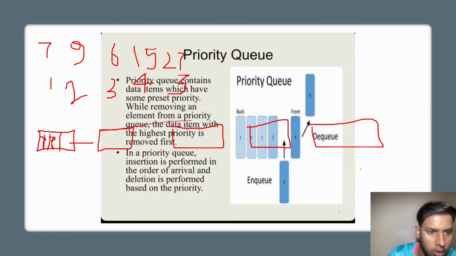Now it points toward the next data. Let's store priority 2 and data 9, and the 9 points toward the next node. Now it stores priority 3 and data 6. Further, these items are filled in this list.